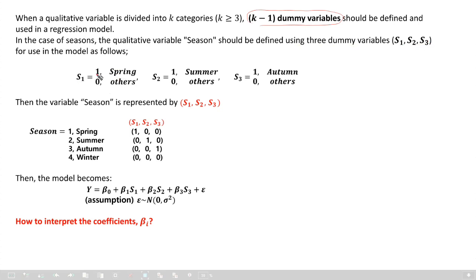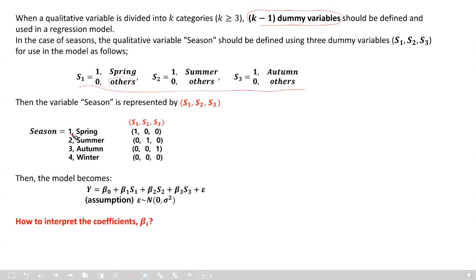S1 takes 1 when spring, 0 otherwise, meaning not spring. S2 takes 1 when summer, 0 otherwise. S3 takes 1 when autumn, 0 otherwise. Okay? Then the variable season is represented by S1, S2, and S3.